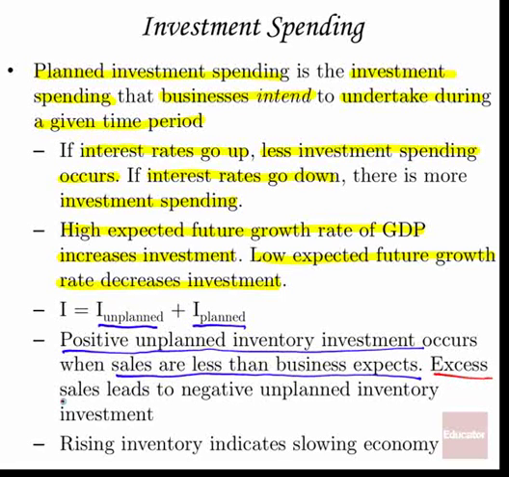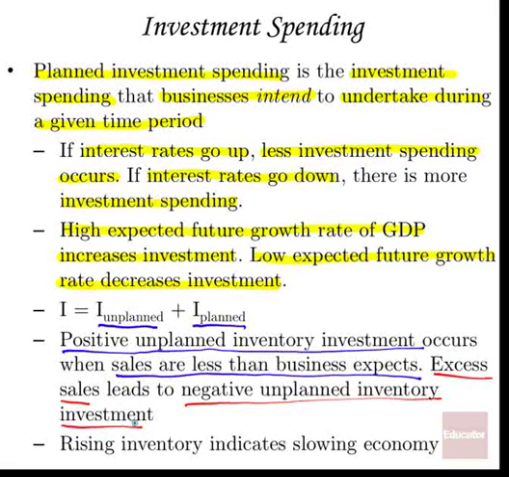Conversely, excess sales is going to lead to negative unplanned inventory investment. So if the unplanned inventory is negative, that means that there's probably a shortage, which means that sales were higher than you had expected. You only planned to have 500 cars sold, but you sold 1,000, so the unplanned inventory would be negative 500.